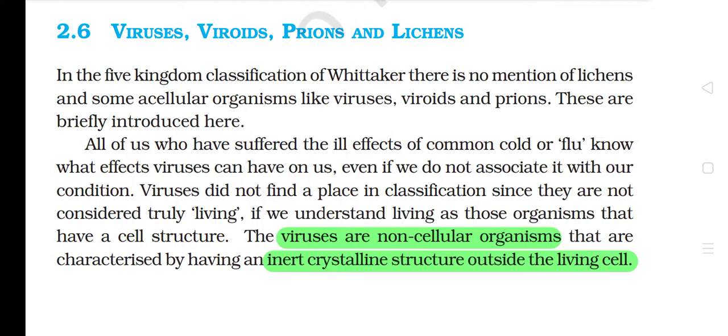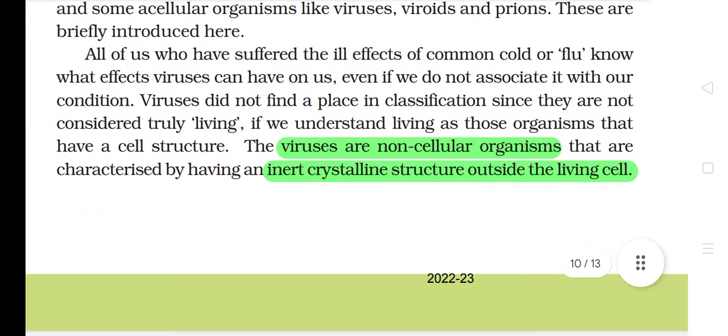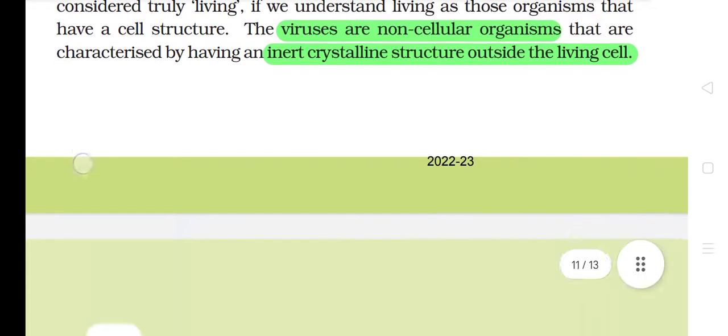Even if we do not associate it with our condition, viruses did not find a place in classification since they are not considered truly living, if we understand living as those organisms that have a cell structure. The viruses are non-cellular organisms that are characterized by having an inert crystalline structure outside the living cell.